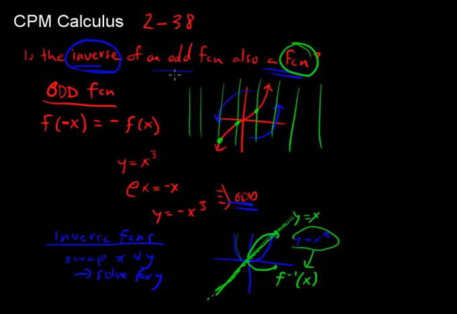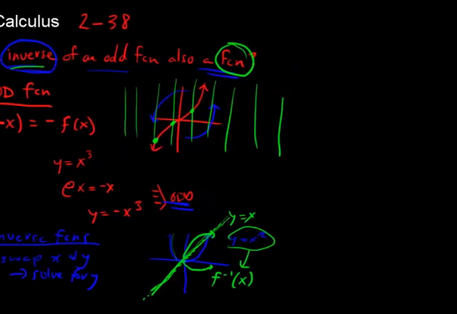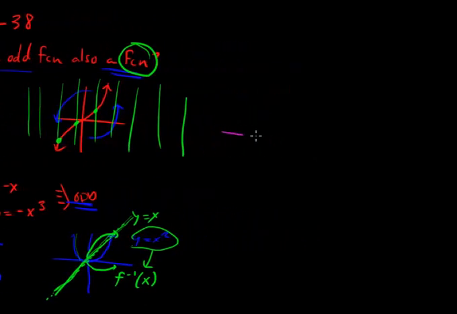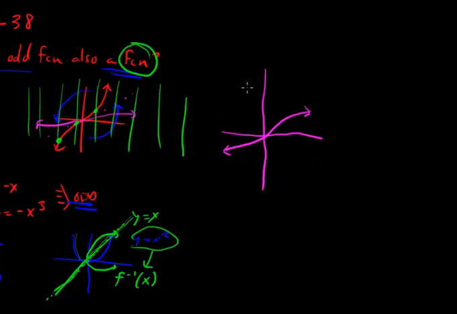But what about the inverse? Let me scroll to the right a little bit to give some space. The inverse of that function, we reflect it across this line, so it's going to look like this and like this. So is this also a function? Yes, it is.